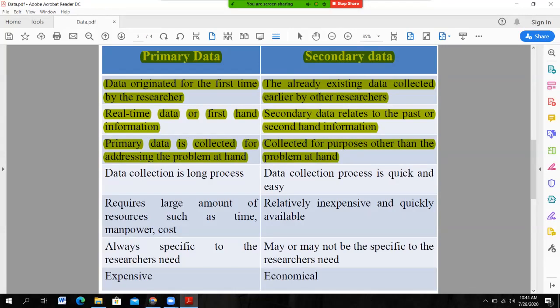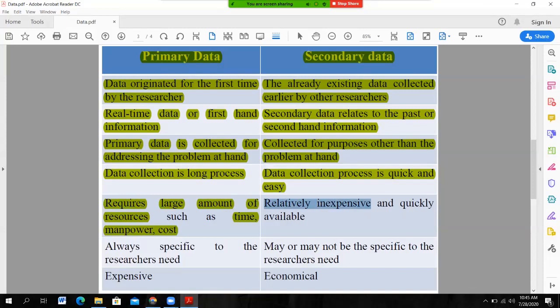Data collection in case of primary data takes a long process, while secondary data collection is quick and easy as compared to primary data. The primary data collection requires a large amount of resources such as time, manpower, and cost. Secondary data is relatively inexpensive and quickly available information.